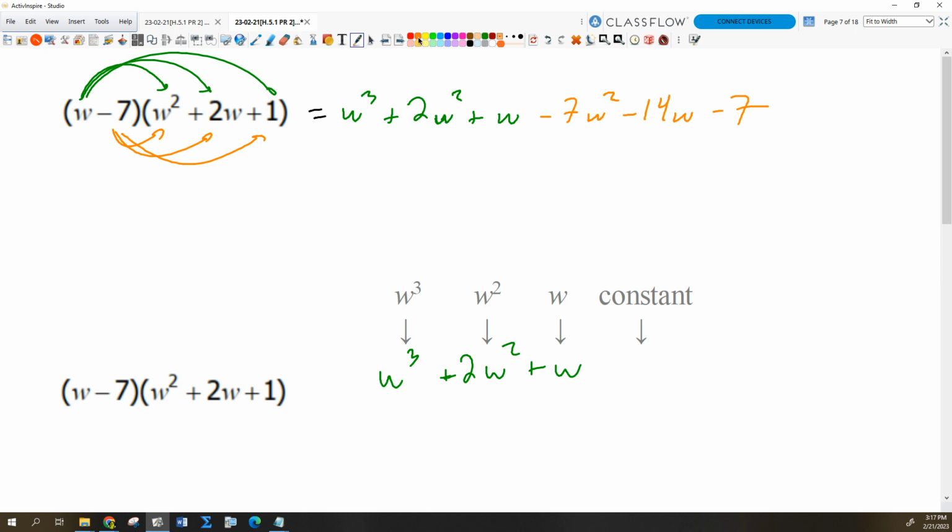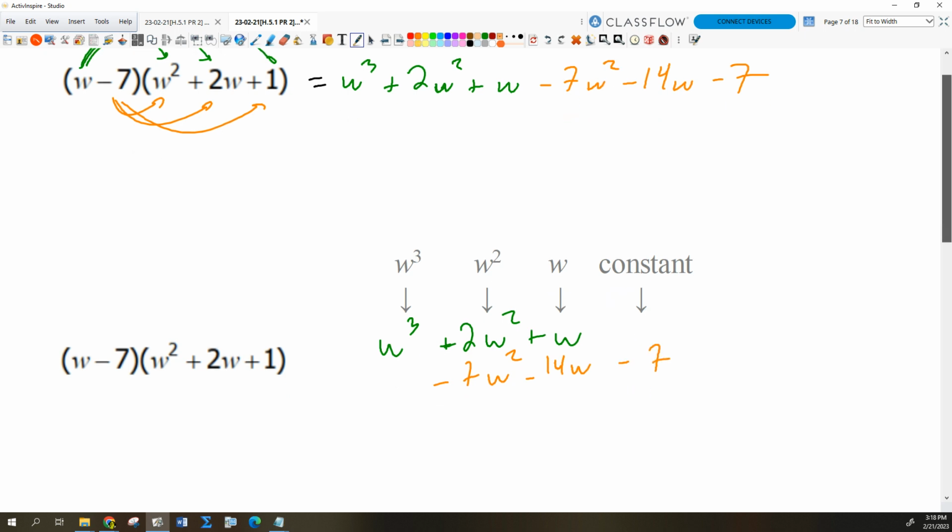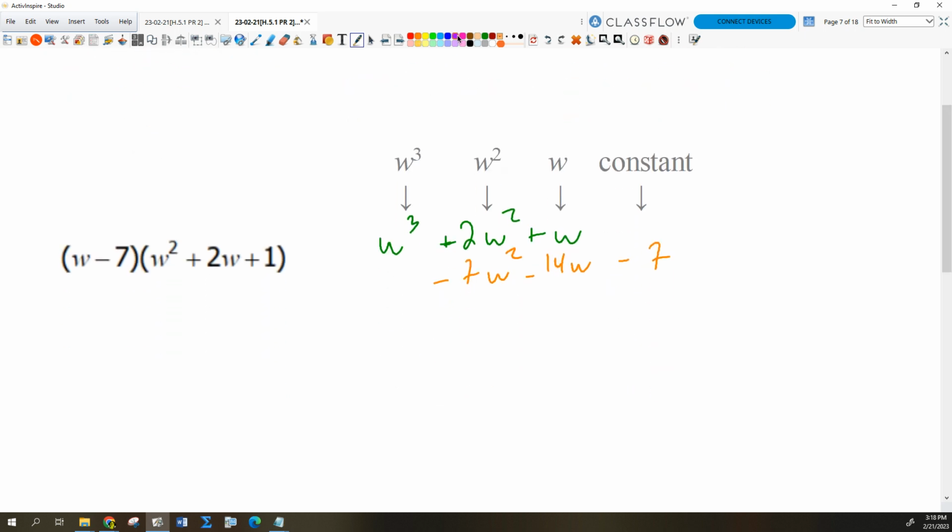And now when I distribute my -7s, the -7w squared goes in the w squared column. Look how easy. The -14w goes in the w column, and then the -7 goes in the constant column.